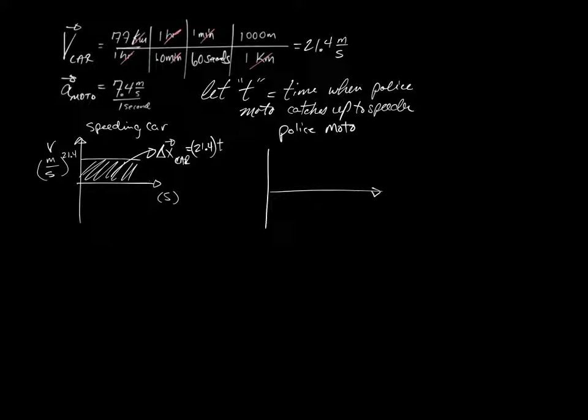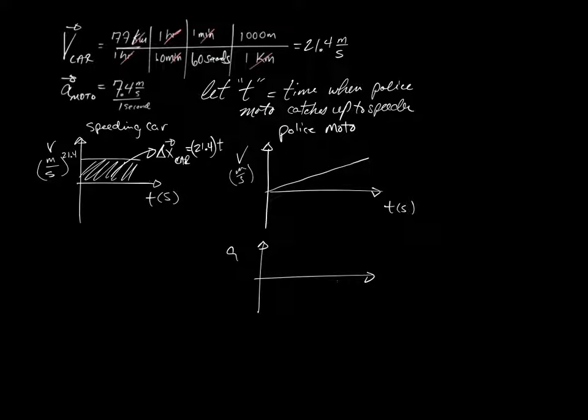So the police motorcycle is speeding up the whole time. Okay? And I'll let t still equal the same thing. So police moto, I'm going to draw it like that. And that's v in meters per second still. Time in seconds. Okay? And here's my acceleration graph.